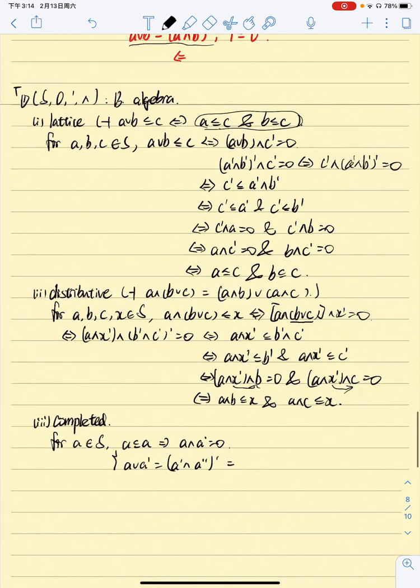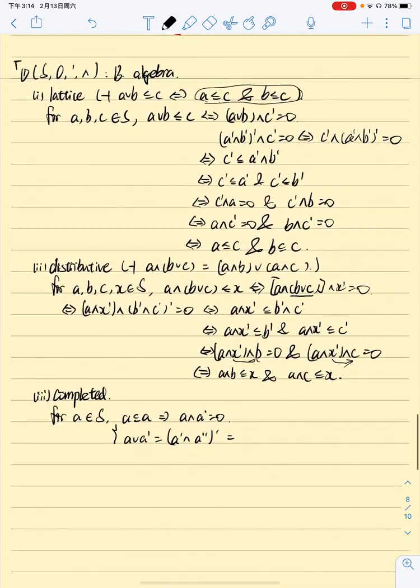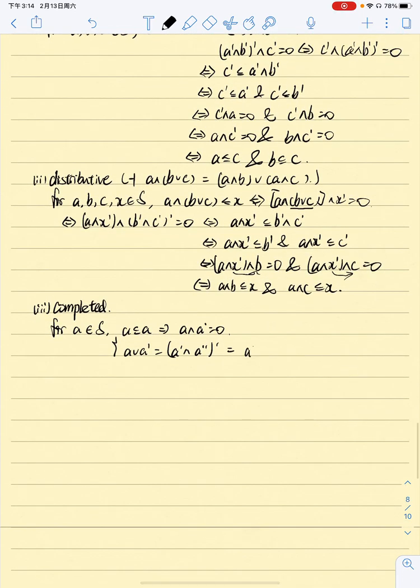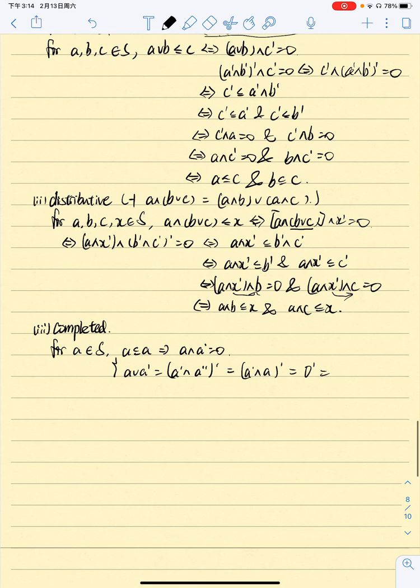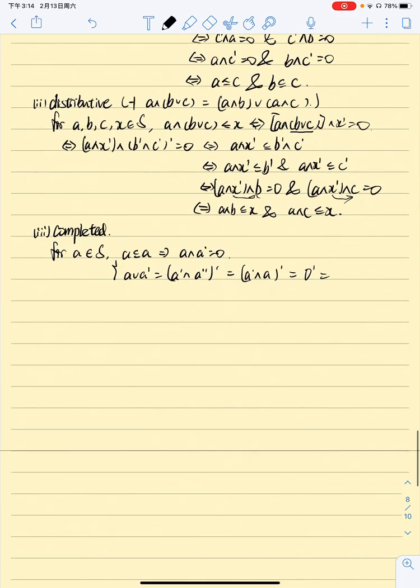And because Boolean algebra has A double prime equal to A, so we can get A prime and A. And the inside is 0, so the complement of 0 is 1, right? So this is 1. So from these two equations, we can say every element in S has a complement.